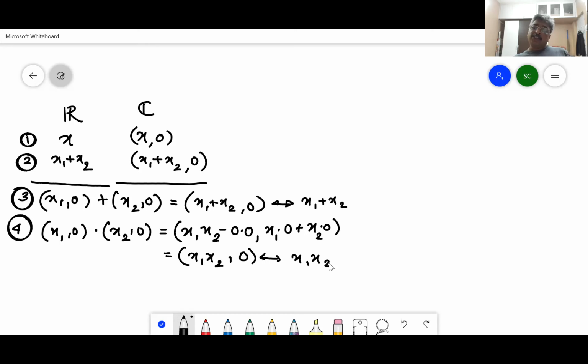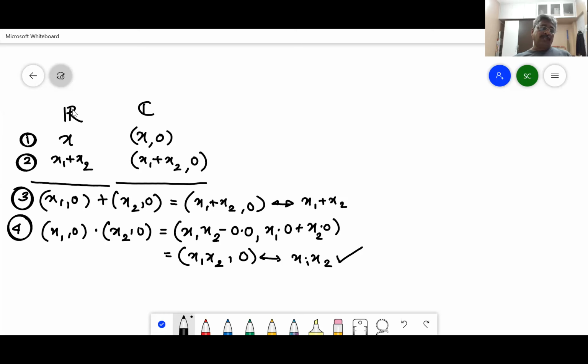So this is also an achievement of the definition, because when two real numbers get multiplied, we don't want any fancy new definition. We want it to be x1 into x2. We wanted it that way only. And by the new definition of multiplication of complex numbers also, we are getting x1 into x2 if they happen to be real numbers. This is an important step, legalizing the real numbers as complex numbers, because real numbers were just a number, while complex numbers are ordered pairs.